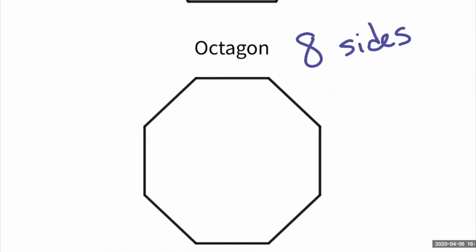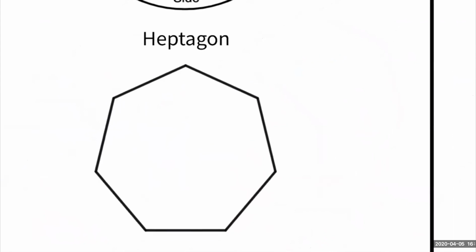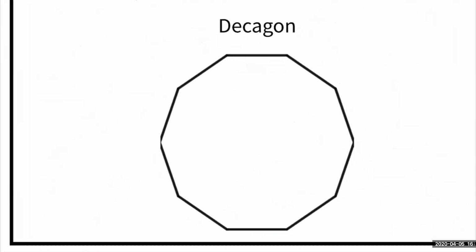What you might not know are some of the other names of our regular polygons. A heptagon has 7 sides. A nonagon, you might be able to guess this one, has 9 sides. And a decagon, if you know your Latin and Greek roots and prefixes, has 10 sides.